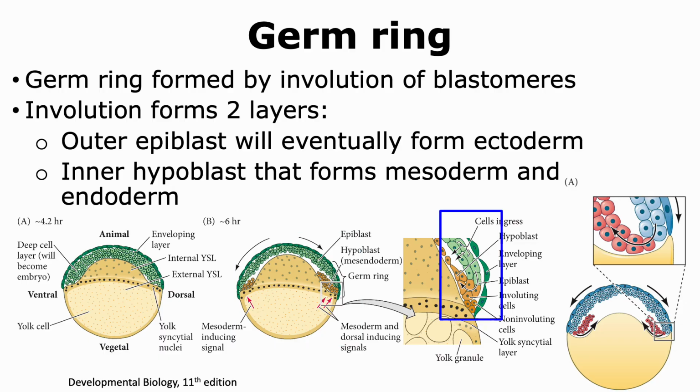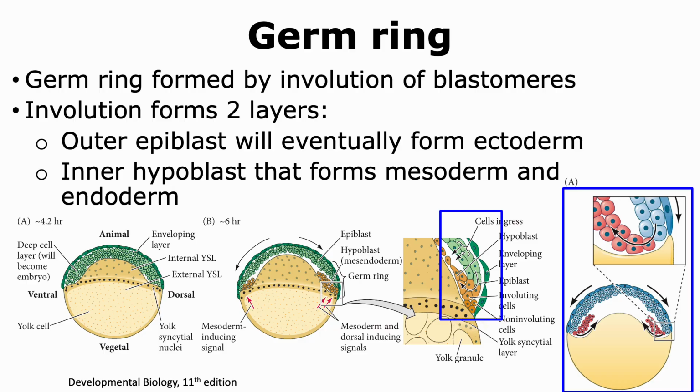When we look at a magnified image, we can see that the green cells are the epiblast, whereas the dark orange cells are the hypoblast. And the C-shaped green cells that are the outermost cells are the enveloping layer. Thus, the process of involution ends up forming two layers, the epiblast and the hypoblast.